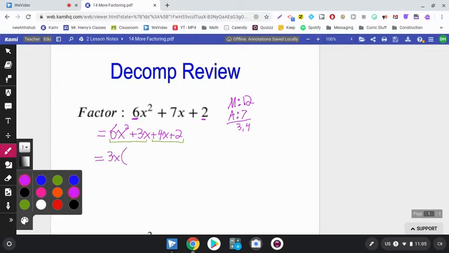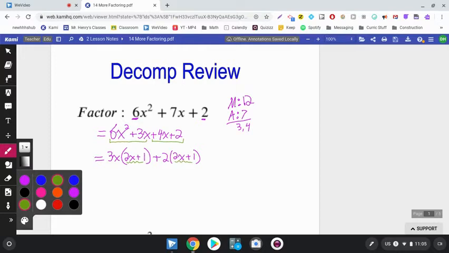I'd be left with 6 divided by 3 is 2, x squared divided by x is x, plus 3x divided by 3x is just 1, so 2x plus 1. Okay, next group, 4x plus 2, I could factor out a positive 2, so plus 2, the plus sign is really important. Then you're left with a 2x plus 1.